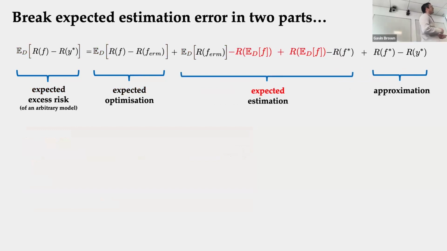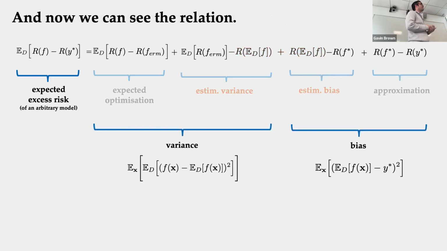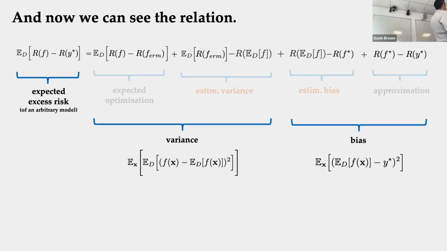What this has done is break the expected estimation error into two components, which we're going to refer to as the estimation variance and the estimation bias. And this is the relationship. If we look at these first four terms, it turns out they are exactly the variance of the model, and the second four terms are exactly the bias of the model. So we've related one decomposition to the other by slowly building this bridge between them.